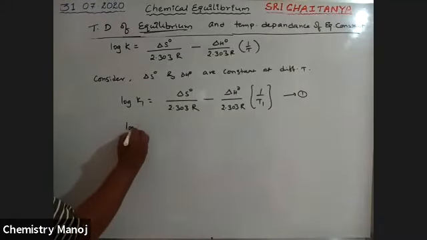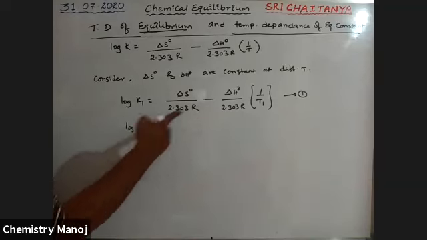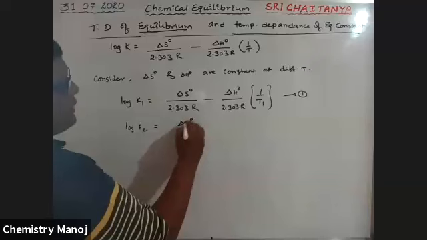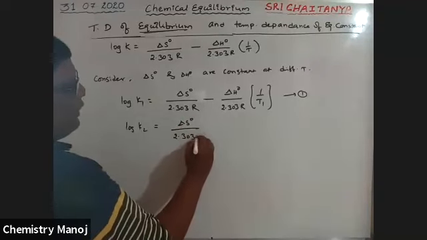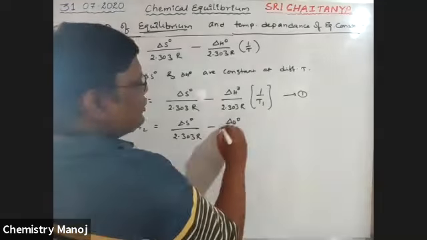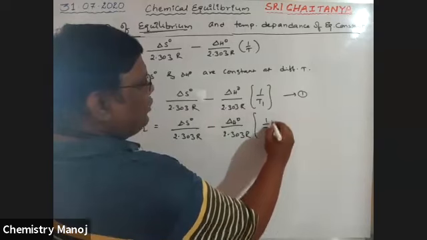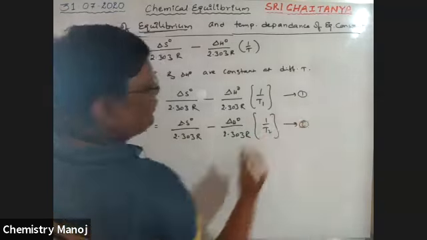Next, log K2, the equilibrium constant at the second temperature T2, is delta S naught by 2.303 R minus delta H naught by 2.303 R into 1 by T2, which is the second equation.